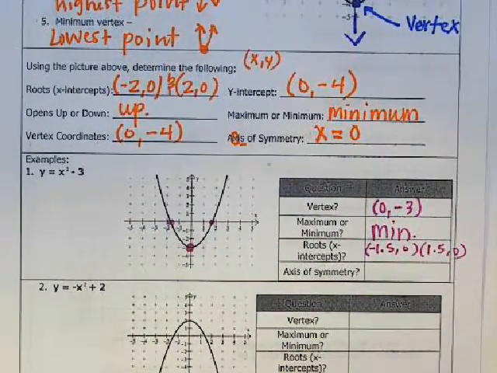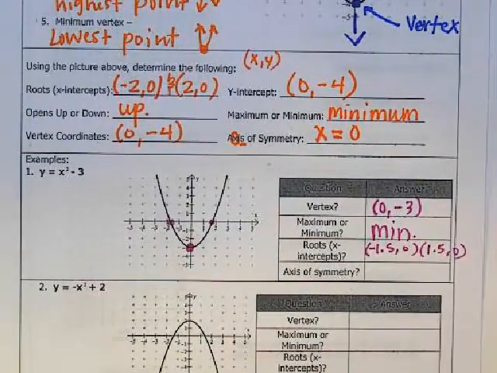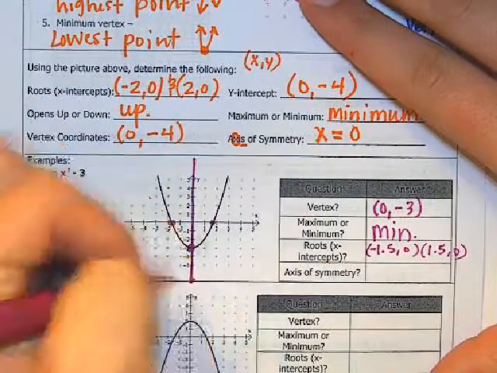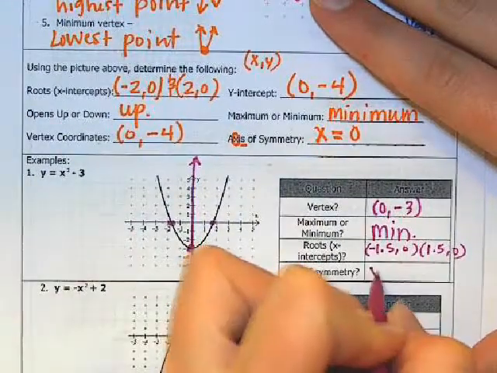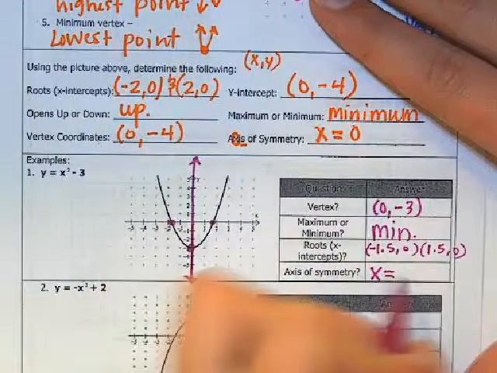My axis of symmetry. Remember, I wanted my entertainment center to be symmetrical, so it's got to go through the middle. Right through the middle of the graph is here, and this is going to be x equals. Where does it cross the x-axis number line? 0.